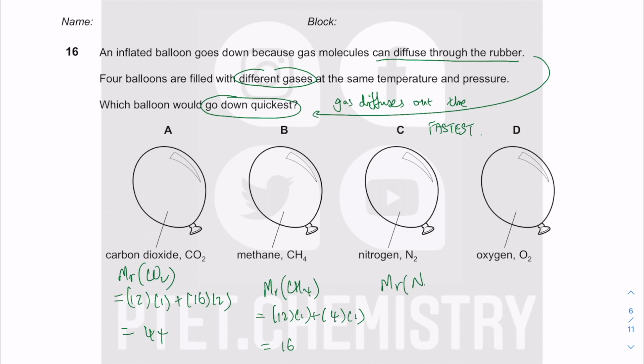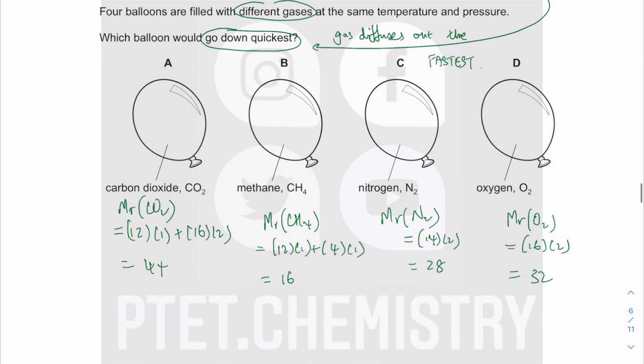And then N2 is just 14 times 2, which is 28. And then oxygen, which is 16 times, oops, sorry, just now was 14. What was I talking about? So if you want it to diffuse out the fastest, we want it to be the lightest. So this is the lightest. Therefore, it diffuses out the fastest.